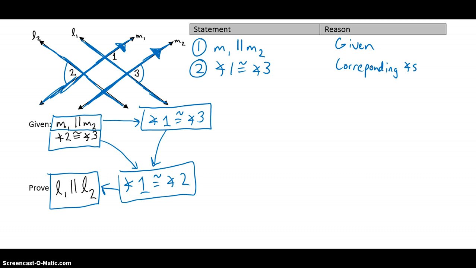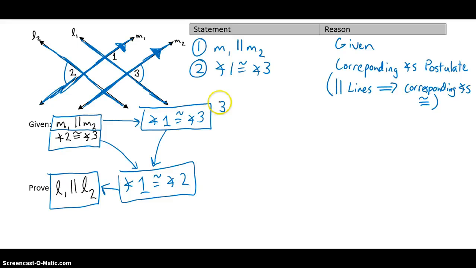So by the corresponding angles postulate, they are congruent. I could also write it this way: parallel lines give me corresponding angles that are congruent. So I don't need to write out the corresponding angles postulate.